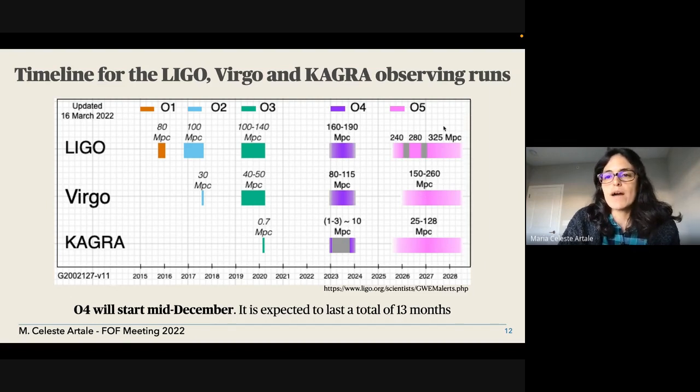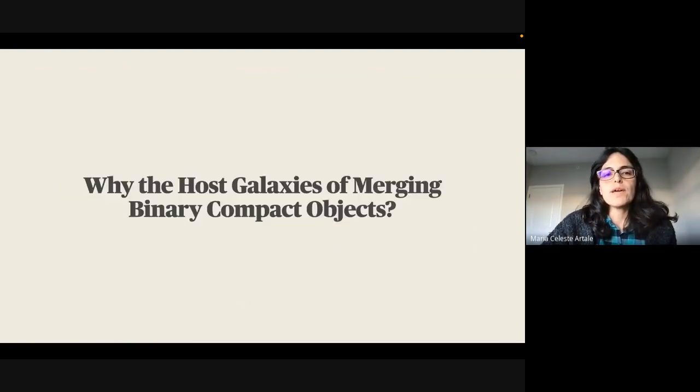And we have the O5, and there are also a lot of plans for what is called the third generation of gravitational wave detectors, with the Einstein Telescope and Cosmic Explorer, which will be the future of gravitational wave event detections. So now, why the host galaxies of merging binary compact objects?